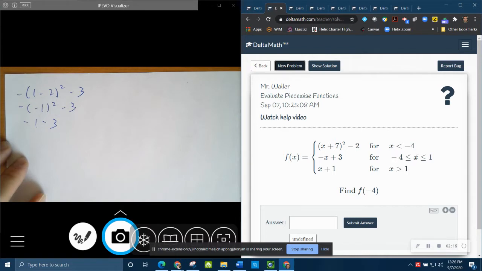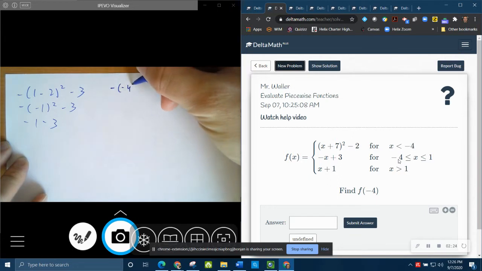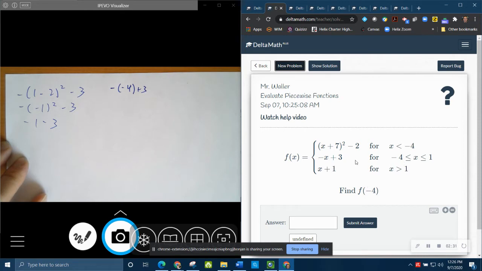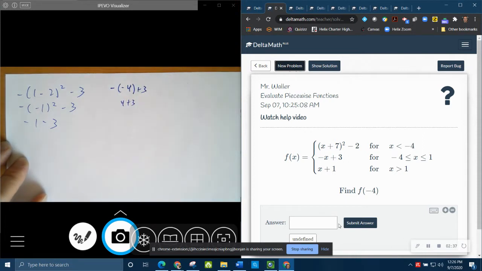This is where we're allowed to equal negative 4. So we use this rule for x equals negative 4. We would say negative 4 plus 3. Just replace x with negative 4 once we've selected the rule. And so of course that's negative 4 plus 3, so the answer is 7.